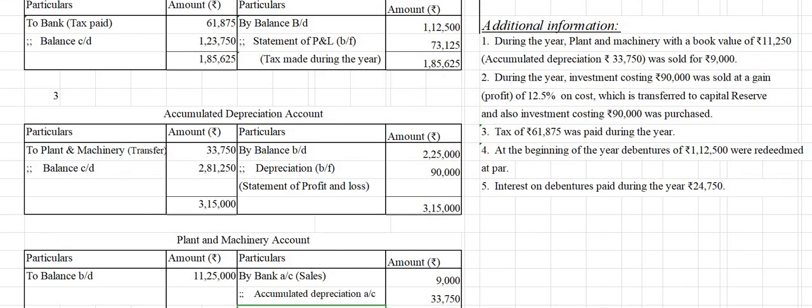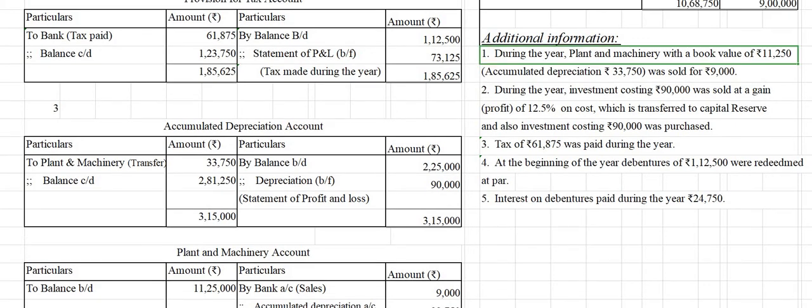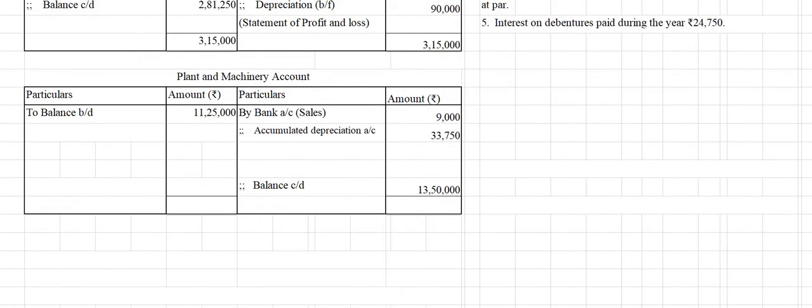So the machinery sold had a book value of 11,250, isn't it? After deducting the accumulated depreciation, and that is sold for 9,000 rupees, isn't it? So we have got a loss. Loss how much rupees? 2,250 rupees is the loss. So that will be transferred to the profit and loss account.